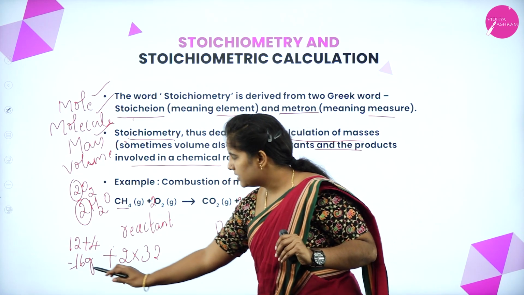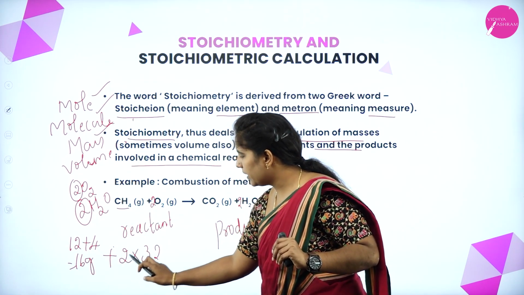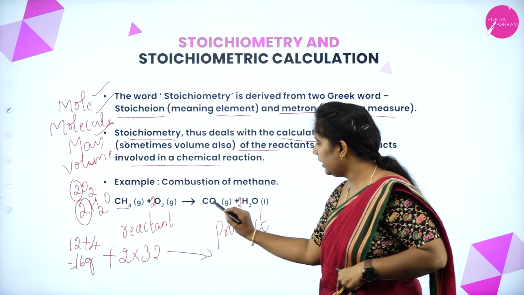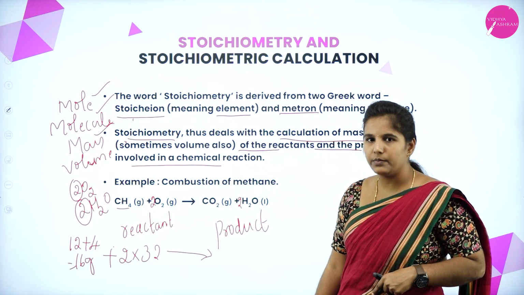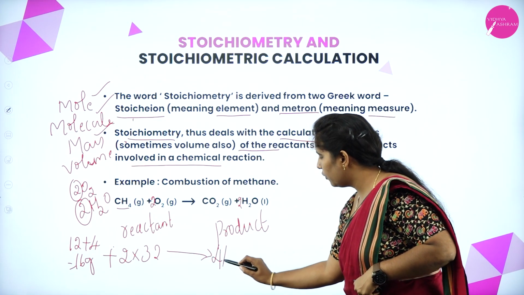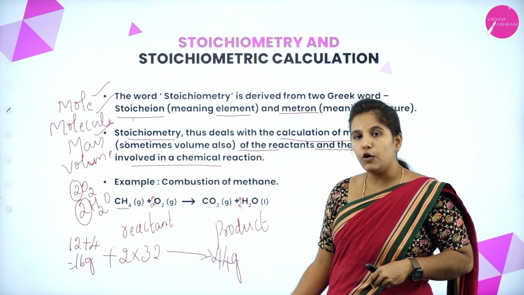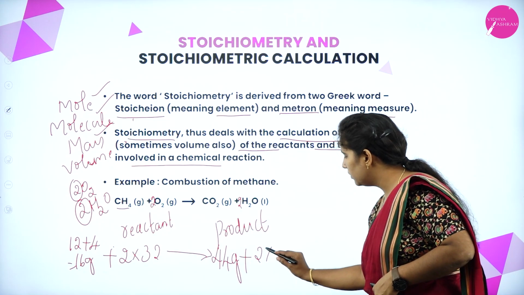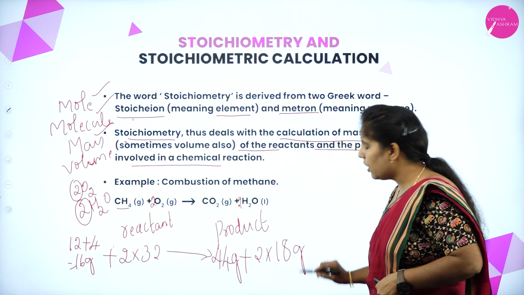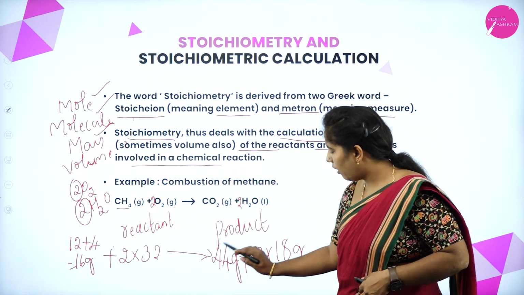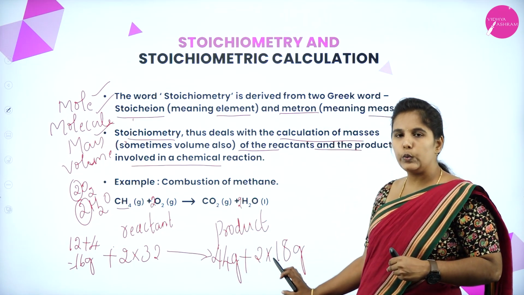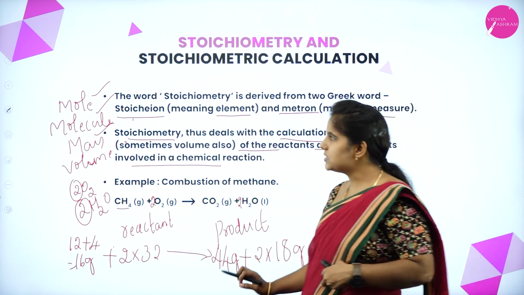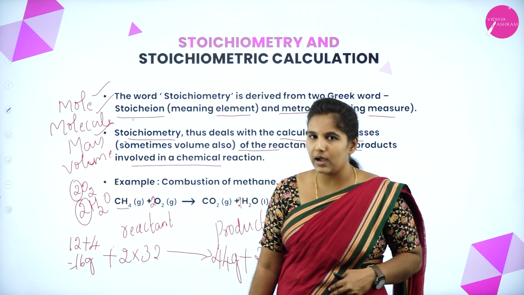So we can say that 16 gram of methane reacts with 2 into 32 grams of oxygen, forming, if you calculate the atomic mass of the carbon and oxygen, 44 grams of carbon dioxide and 2 into 18 grams of water. So by this, we can express this equation in terms of masses also.